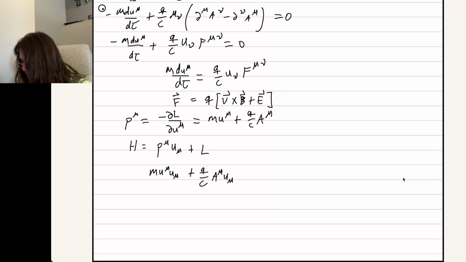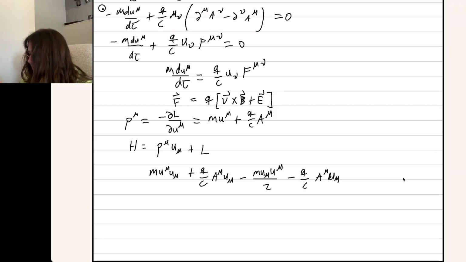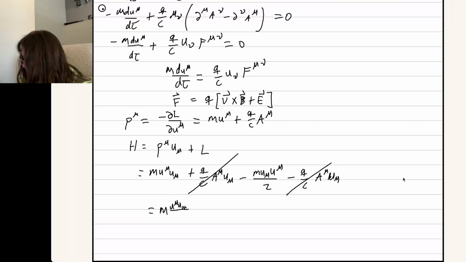And then we're going to have the Lagrangian, which was minus m u_μ u^μ over 2 minus q over c A_μ u^μ. And it's funny because this term cancels out this term, and we just get m u_μ u^μ over 2.